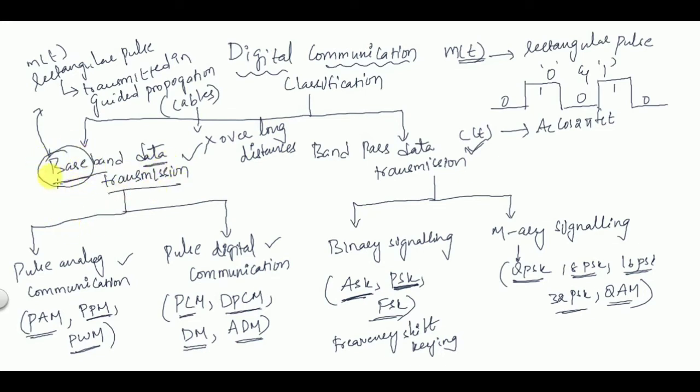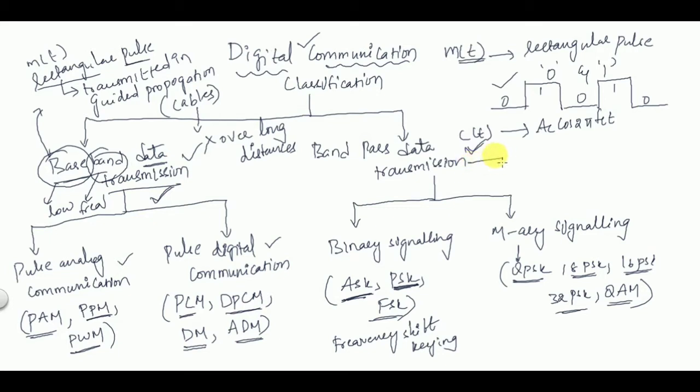Base means low, band means frequency, so low frequency data transmission, that is why it is called baseband data transmission. Directly you can transmit the rectangular pulse, which is the message signal of digital communication, through cables at low frequencies.